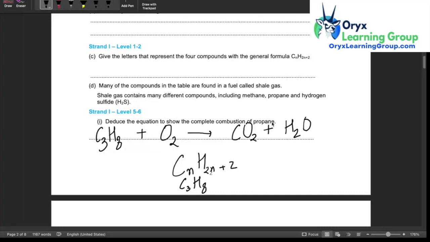For the reactants, oxygen will have a 5 in front. Then for the products, carbon dioxide, CO2, it will be 3. And then H2O, I'm pretty sure it'll be 4H2O, right? Yeah, I think. Correct. Very good.